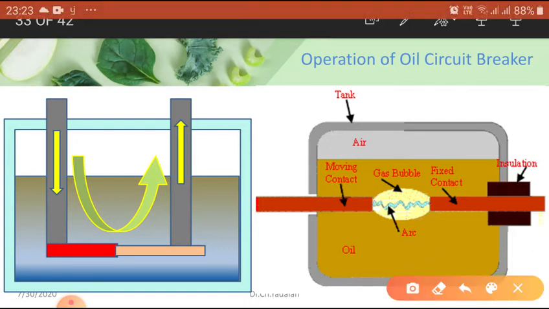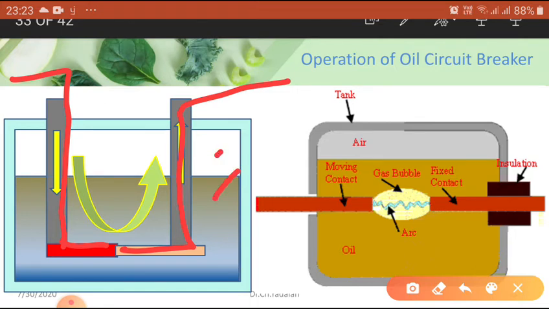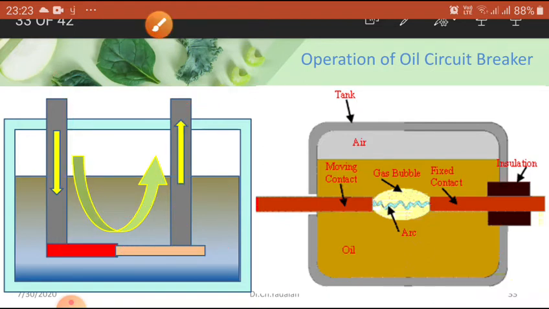In the single break, whatever current is coming here through the fixed rod and moving rod is going on. The oil fills the empty places, and the mechanism operation is over. Whatever current is coming and going, this can be under normal condition.